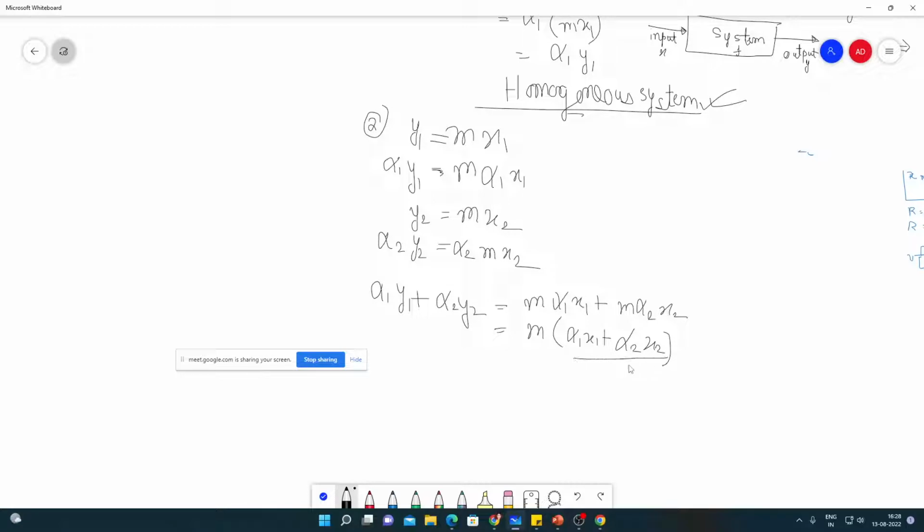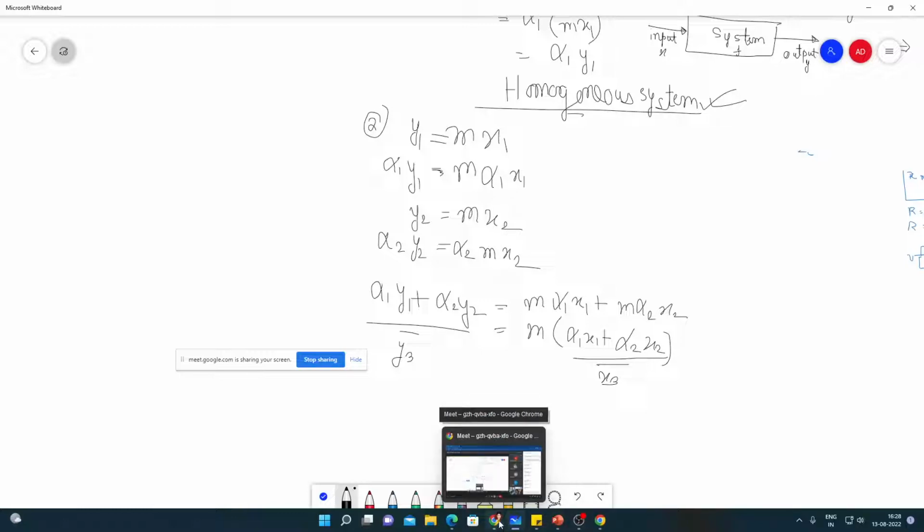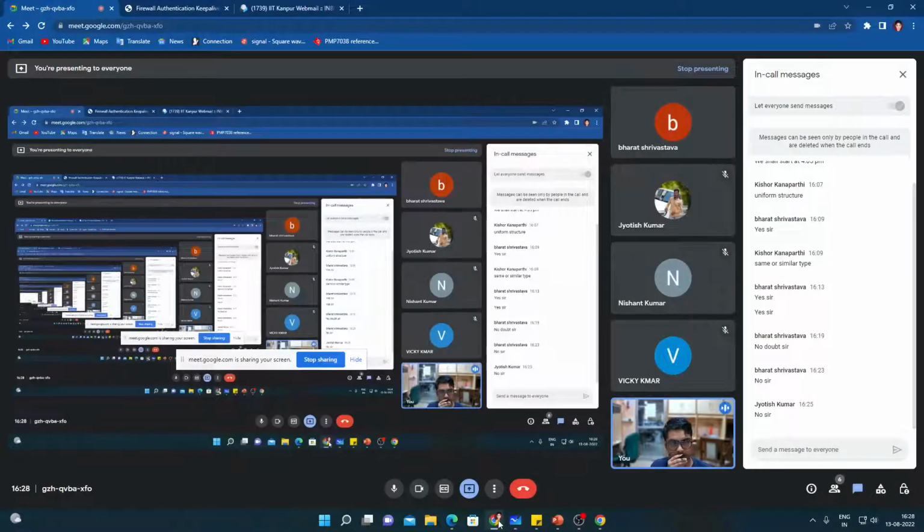If this is my new input x3, this is my new output y3. So it satisfies the property of superposition as well. So it is a linear system, we can say it now. Do you have any doubt if it's a linear system or not?